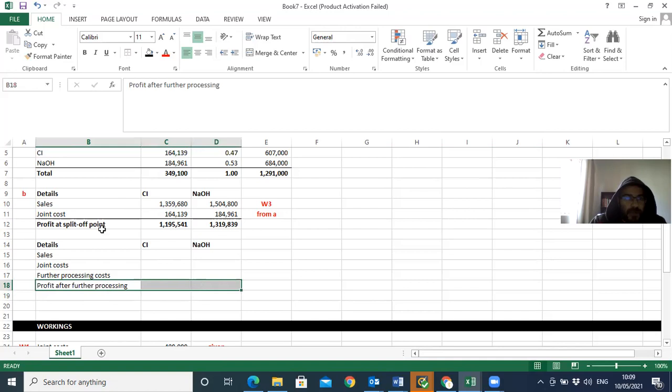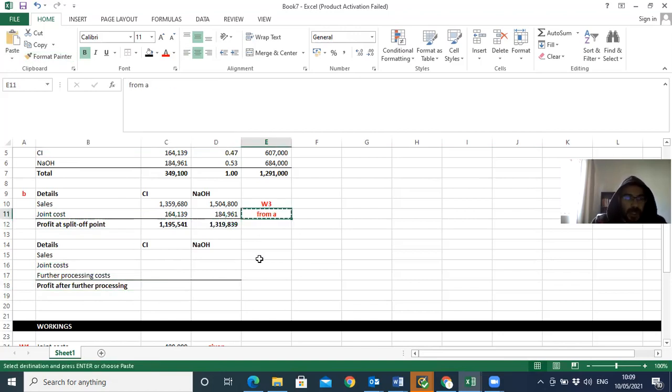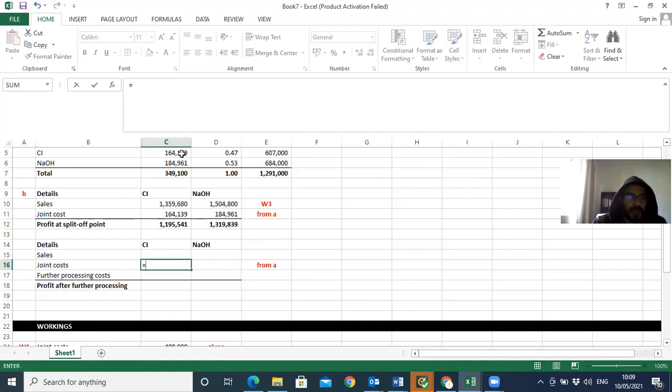Whichever one comes out to be the higher one, that's the option we choose. The joint costs are from A, so I'm just going to go fetch them. Now we just do sales, and we need to do working 4.